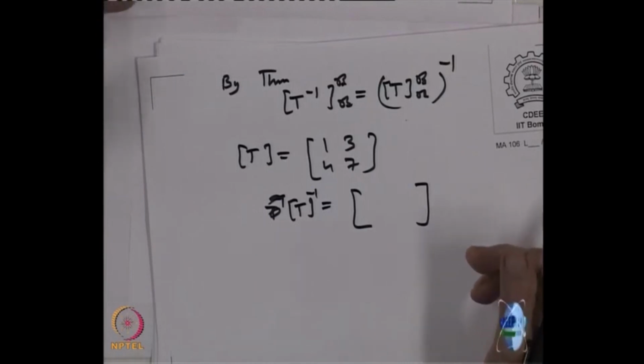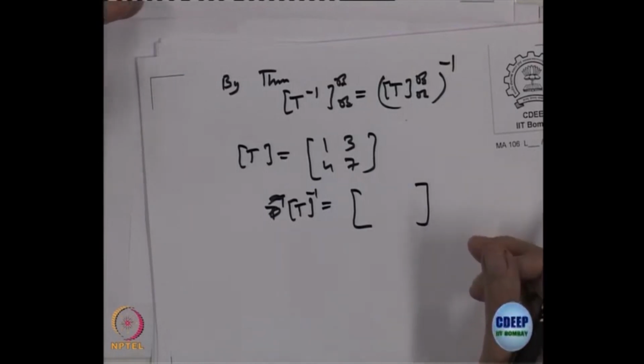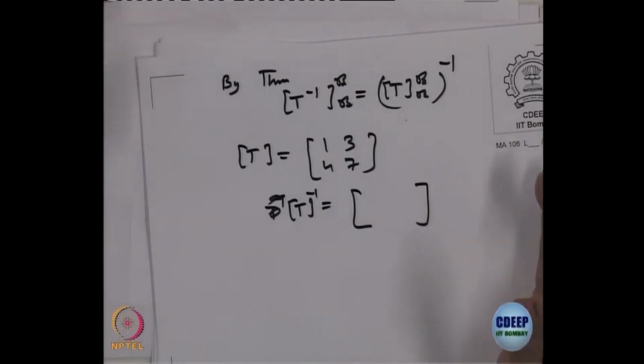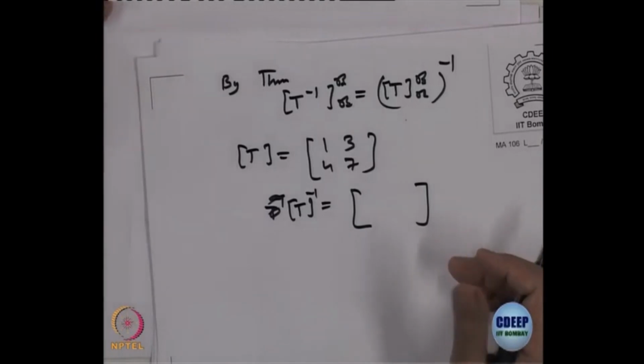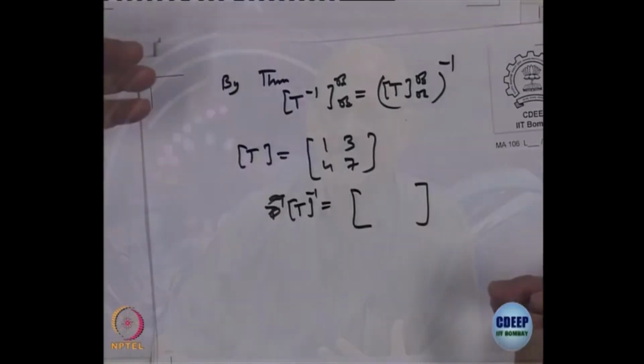You can do it by your adjoint method if you like, or you can do it by row operations, adjoining the identity matrix. You remember that process; whichever is easier you can do.